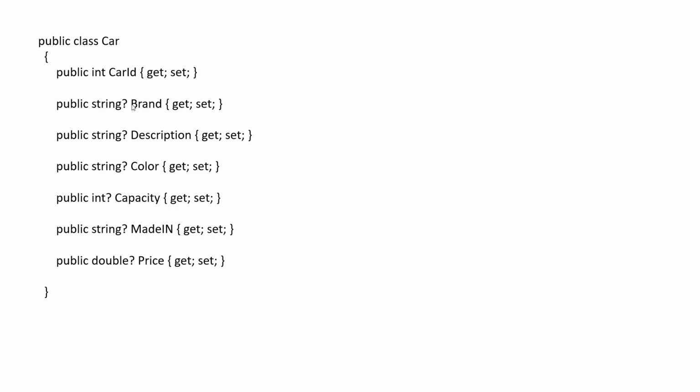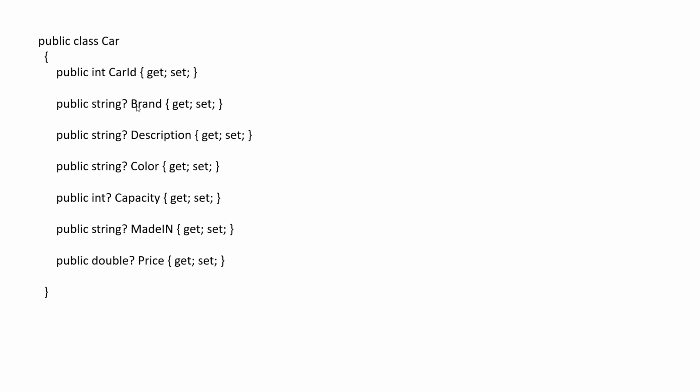I don't like it for any reason. It's programming. For any reason related to your business, having brand is mandatory. So even if they fill the rest, you want to say, no. I need the brand.